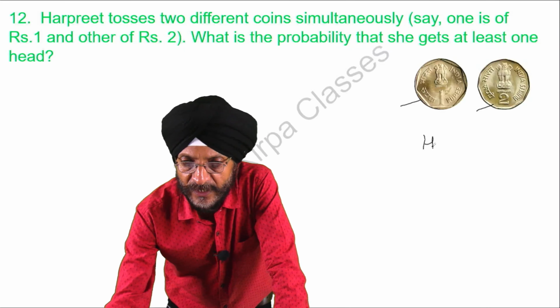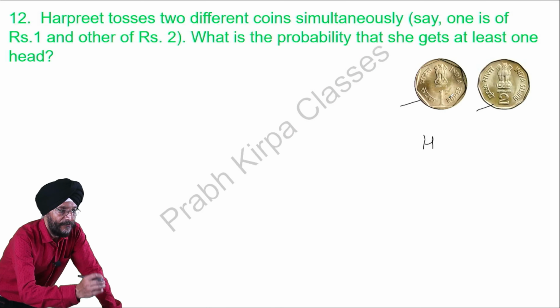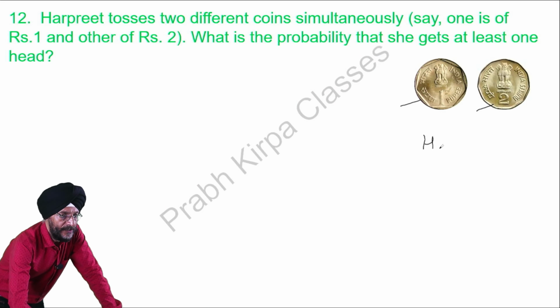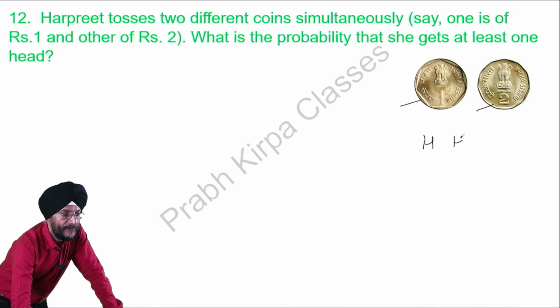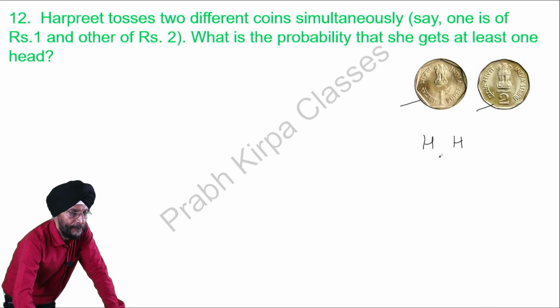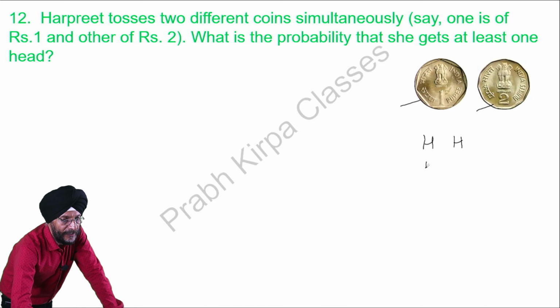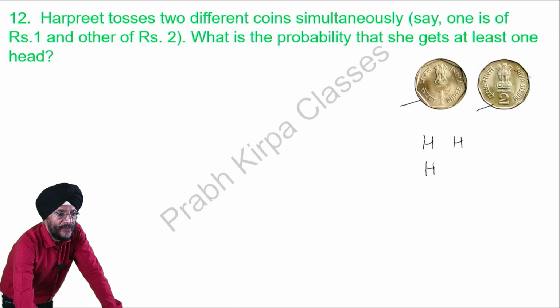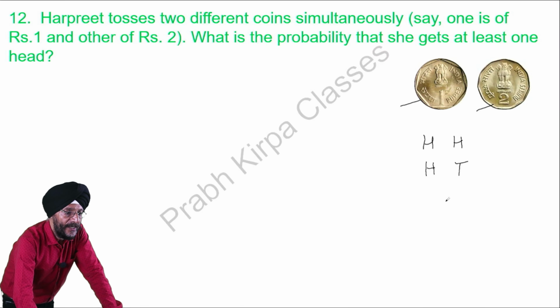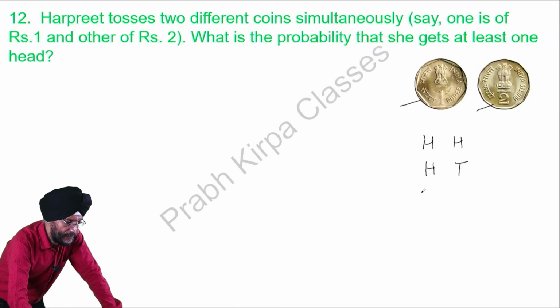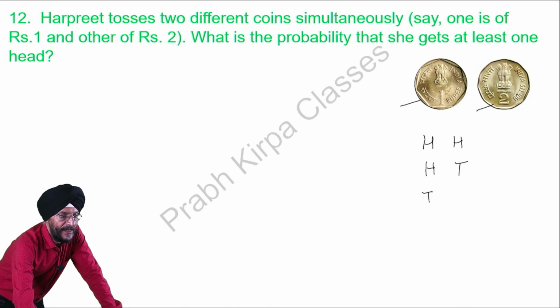What can be there? It is possible that when the rupee 1 coin is tossed, it may be head, and when the rupee 2 coin is tossed, it may also result into head. Then it may be possible that the 1 rupee coin gives head and the 2 rupee coin gives tail. It is also possible that the 1 rupee coin gives tail and the second coin gives head.